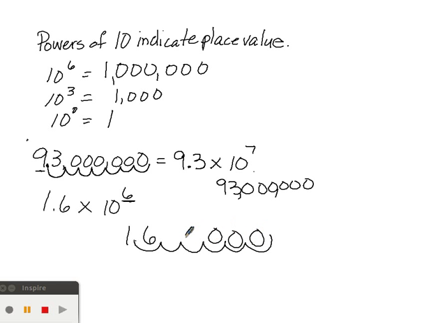Fill in your loopies with zeros, rewrite your number, and put in, oh, I made a mistake there. Count 3 places and put in your comma, and you have 1,600,000.